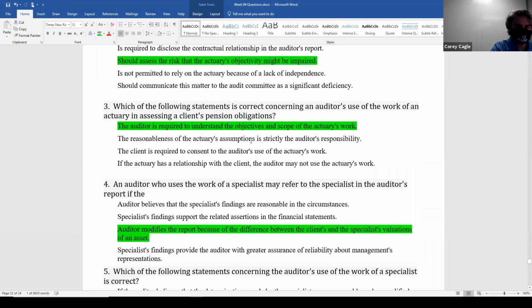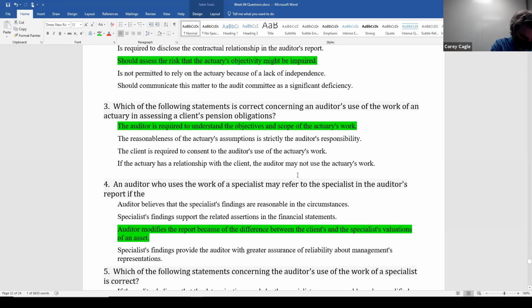This B is kind of tricky. It says the reasonableness of the actuary's assumptions is strictly the auditor's responsibility. So I think strictly is what makes that wrong. B is just a little strong.